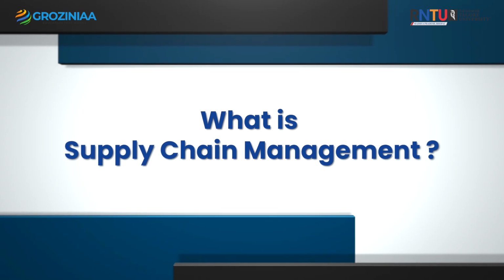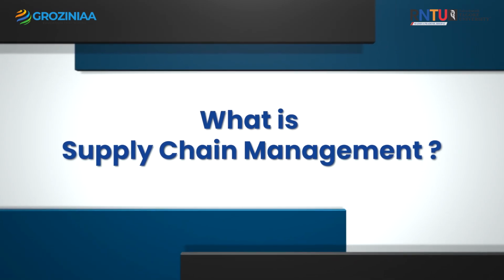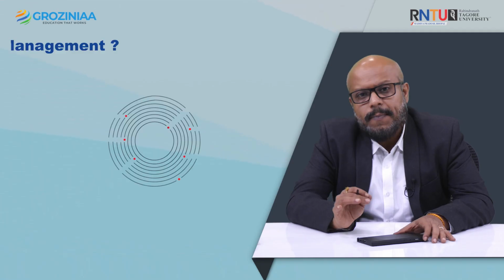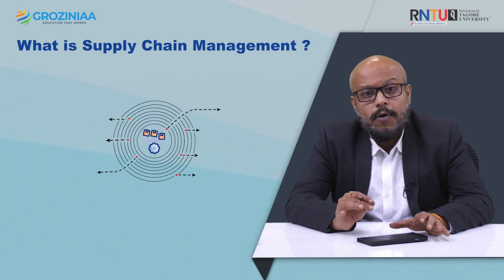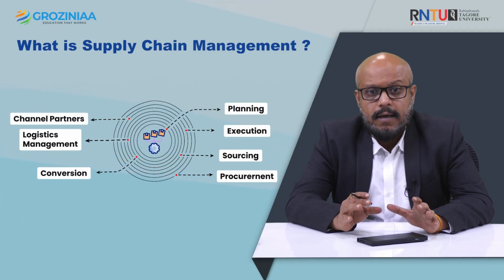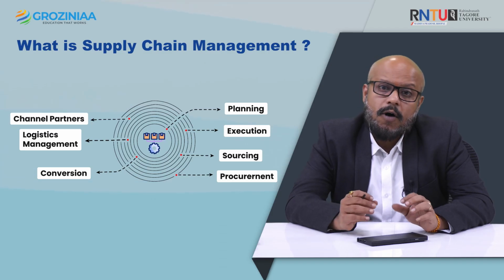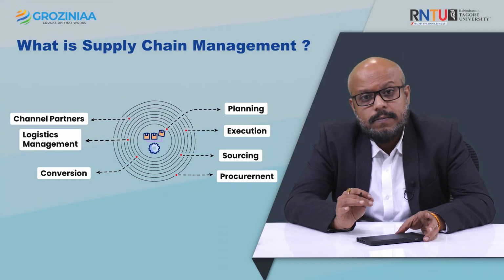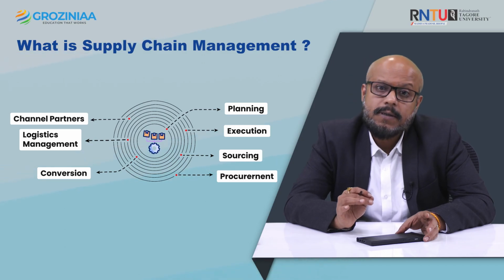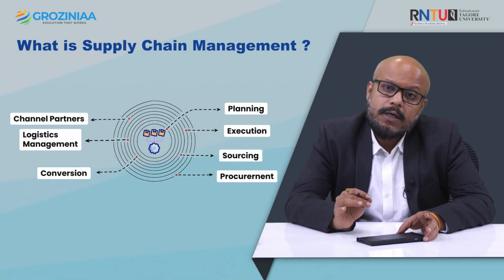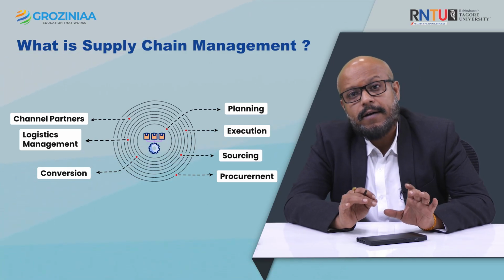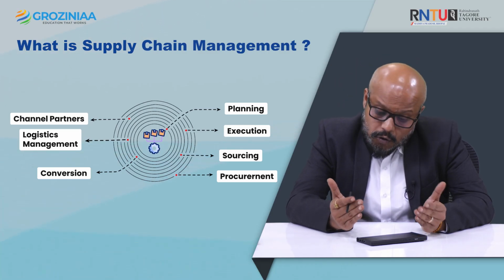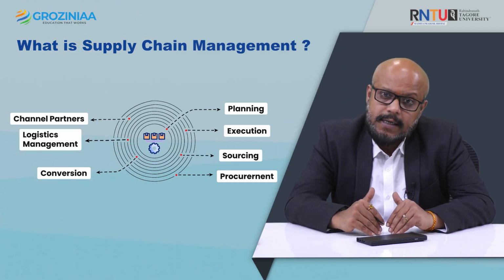So first of all, let's focus on the fact, what is supply chain management? Supply chain management begins from the planning stage, the identification stage of what are the raw materials that are required. It also is responsible for providing purchase orders to the rightly identified vendors and getting the material from them to your manufacturing facility.